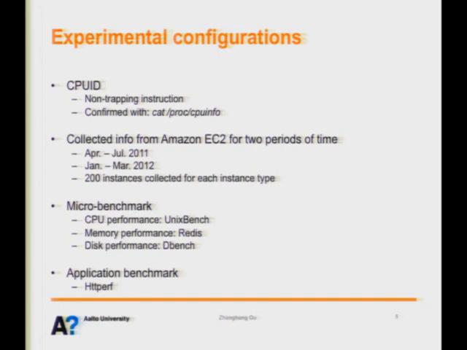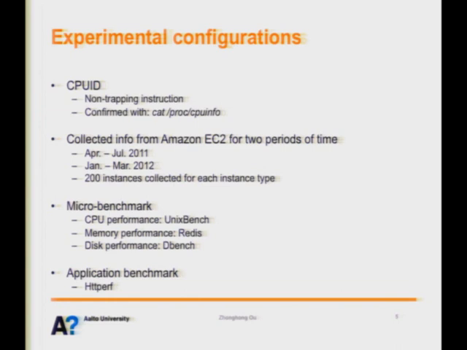Then we also used some micro benchmark tools to verify the performance and the variation of performance of different instances. Later on, we also used some application benchmarks to see how much difference the end user will be facing, because usually end users don't care how big the difference is from the CPU, memory, or disk, but they do care about the combined performance variation.